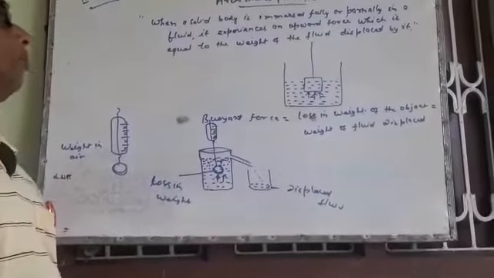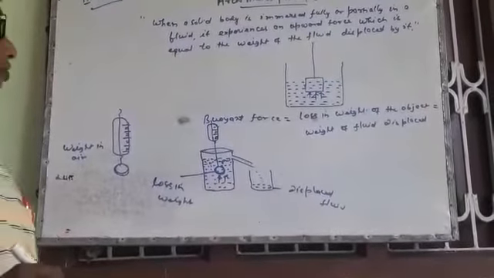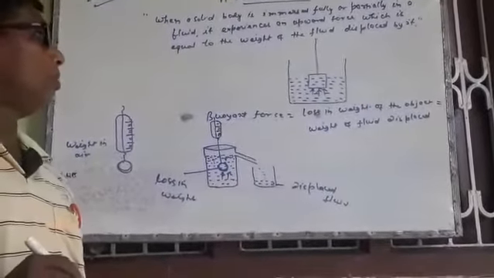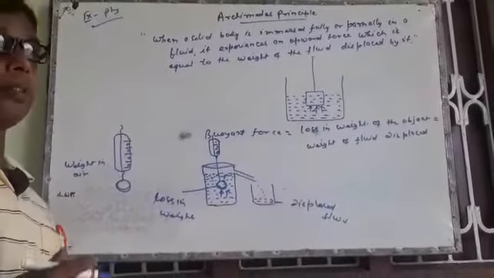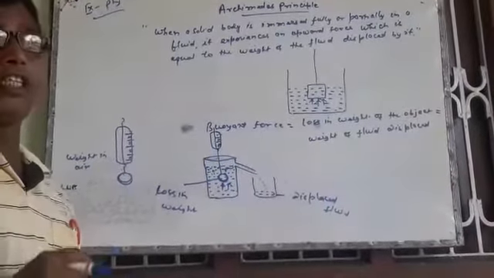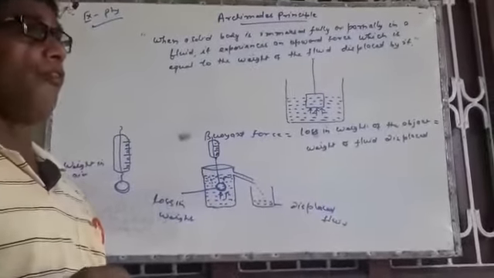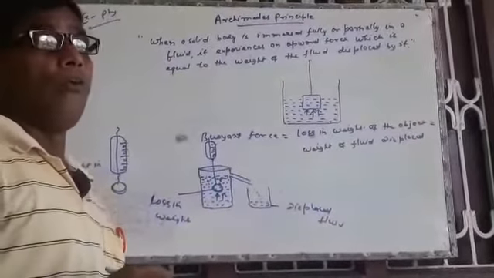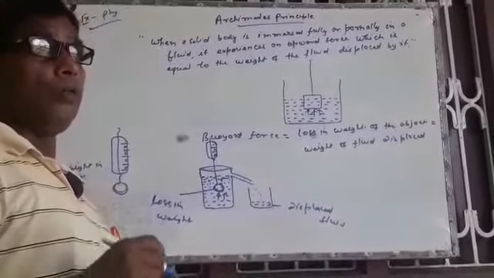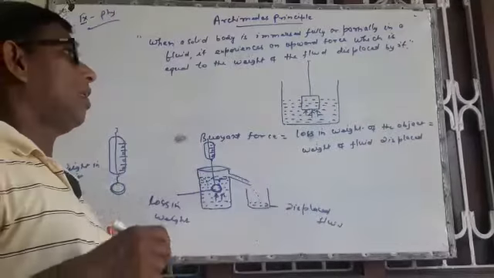What is Archimedes principle? Before knowing the Archimedes principle, you must know fluid. Fluid means there are some substances in our surrounding which can flow, which can go from one place to another place. This is known as fluid. Water is a fluid, kerosene oil is a fluid, and other liquids.